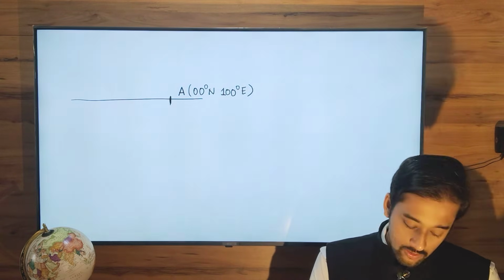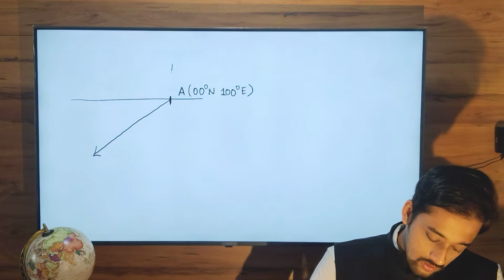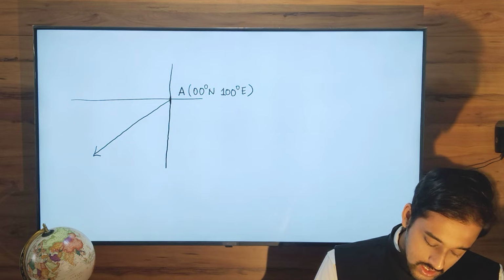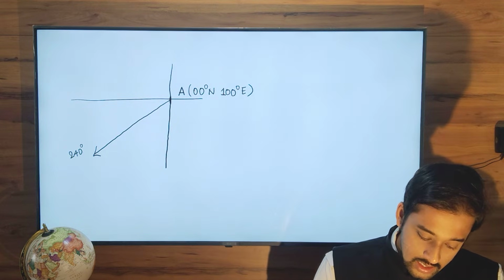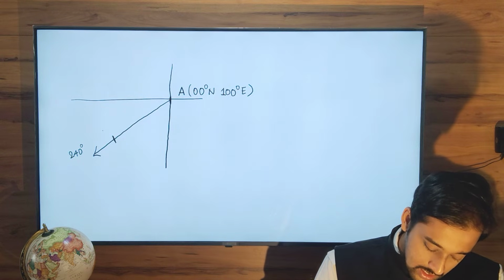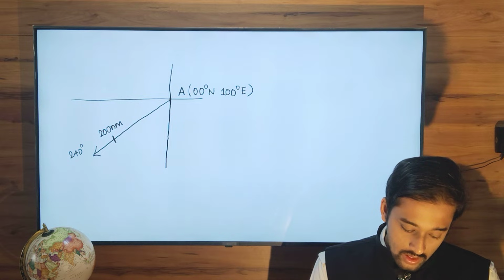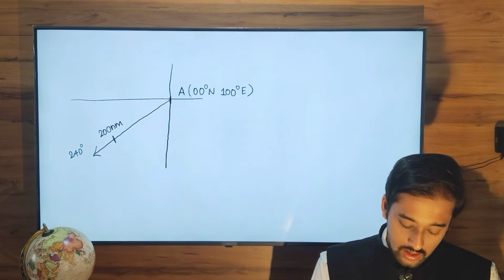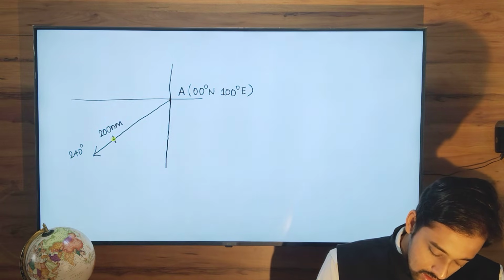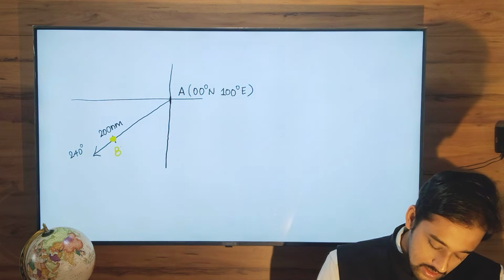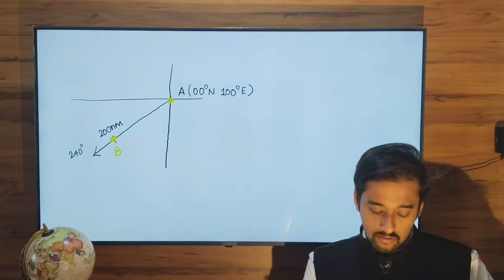Position B is at a direction of 240 degrees, at a distance of 200 nautical miles from A. So somewhere over here, position B is here, position A is here. So what is the position of B?